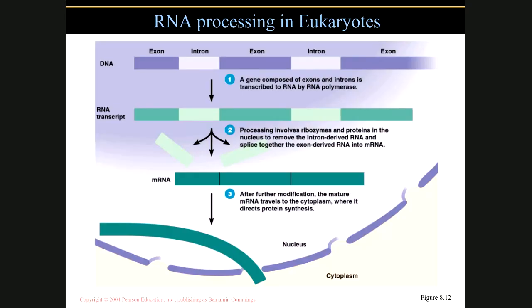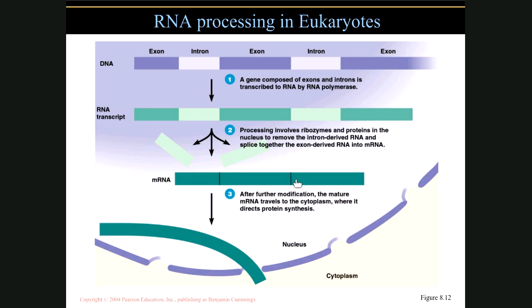So by way of review, last time we were talking about some of the differences between prokaryotic and eukaryotic genes. And we said that prokaryotic genes do not have introns like eukaryotic genes do. And remember, in eukaryotic genes, the initial messenger RNA transcript has to have the introns removed to make the final functional messenger RNA.